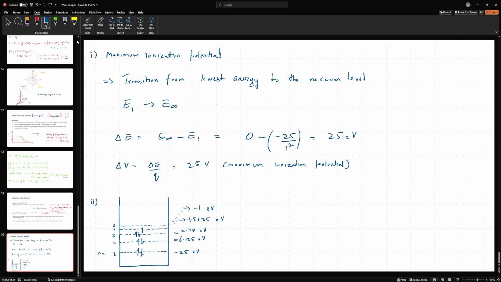The Fermi energy is the minimum energy required for a new electron, or a new fermion to be more precise, to enter the system.